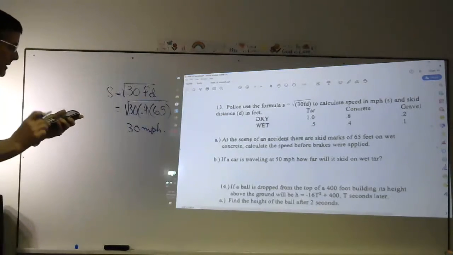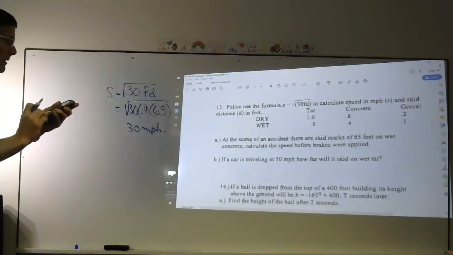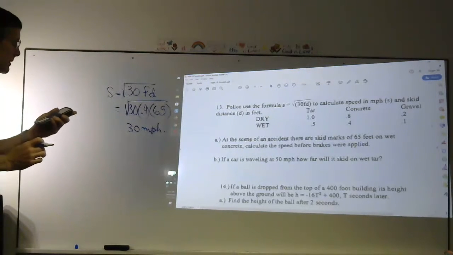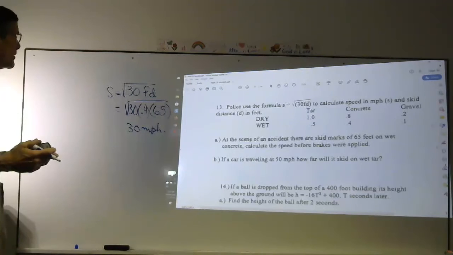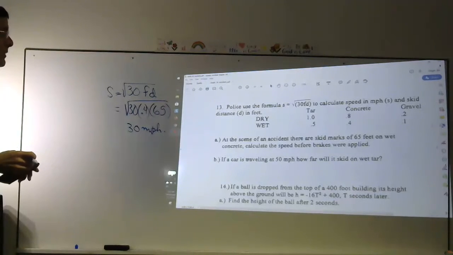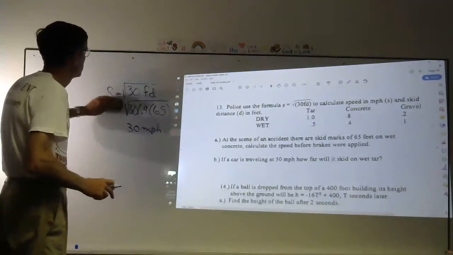Okay? Let me double check my work on that. Yep. It is about 28 to 30 miles per hour, depending upon how you round up. So the car wasn't driving all that fast. All right, let's look at the next one.